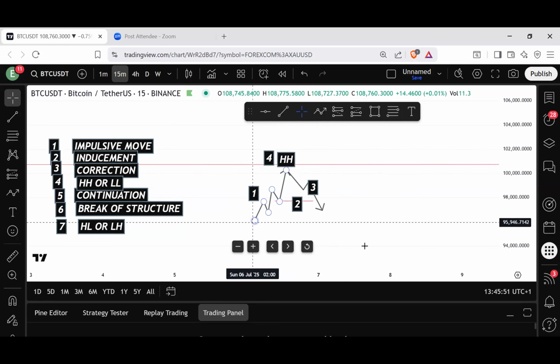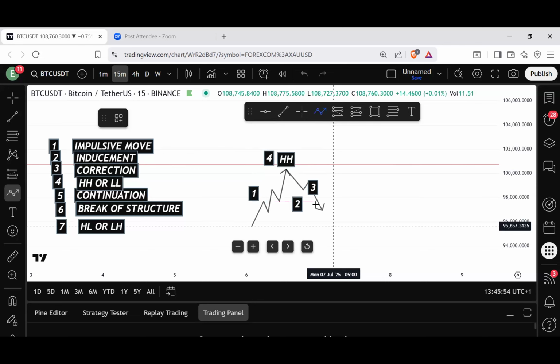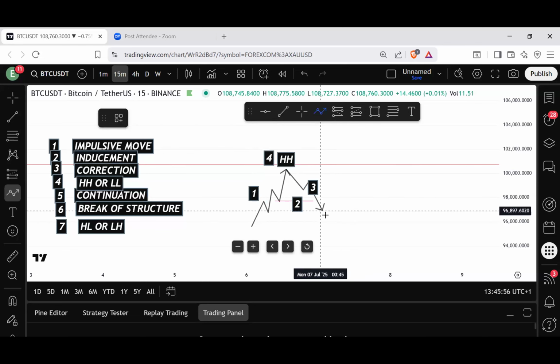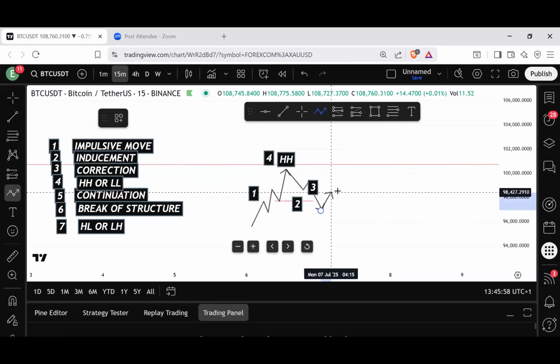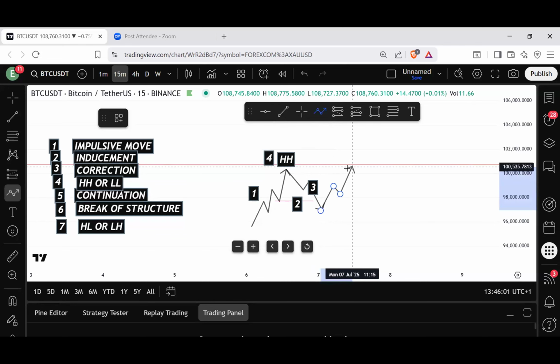So that's the move that comes from the end of the correction. And a higher low, also number four, if it is downtrend.